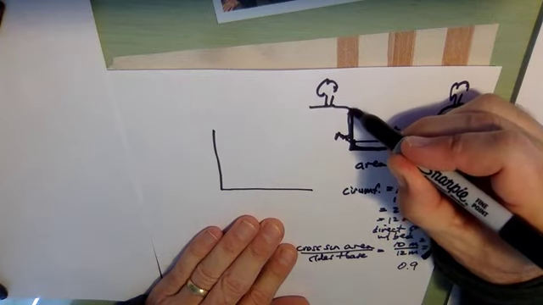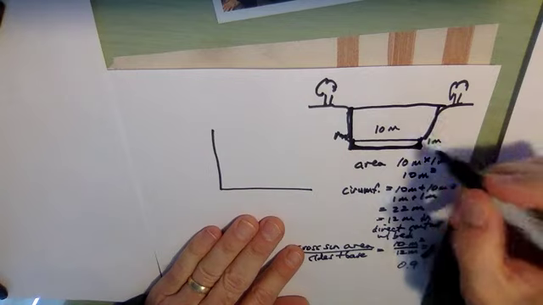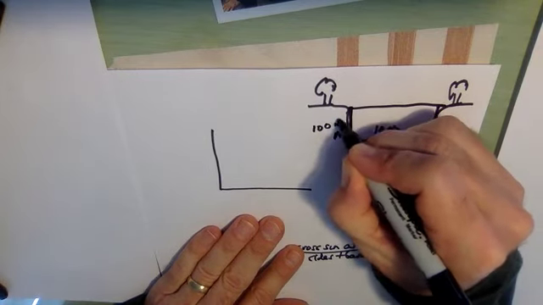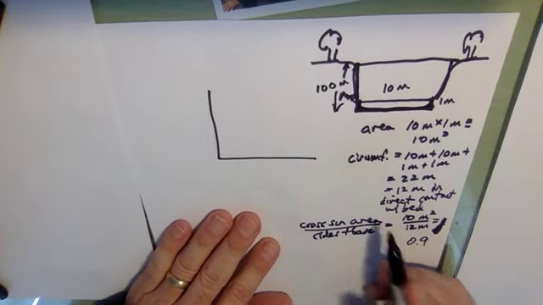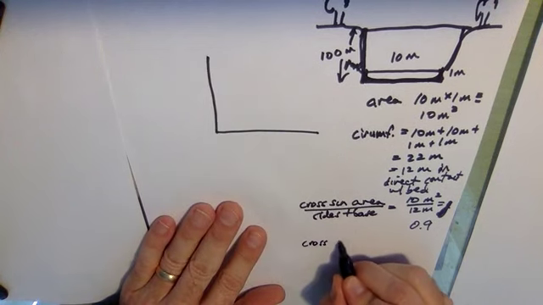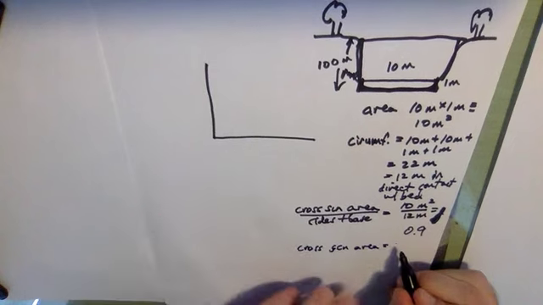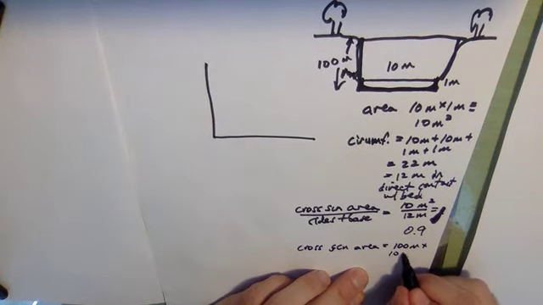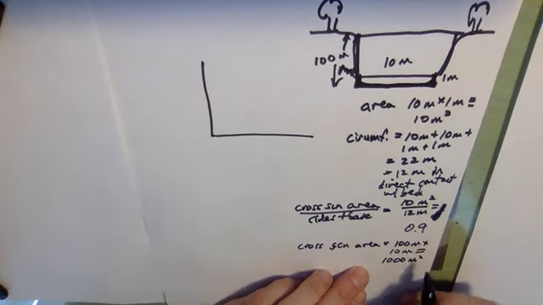Let's say then that this thing was super deep and it fills all the way up, and now it's still 10 meters across, but now it's 100 meters high. Okay? So the cross-sectional area is now 100 meters, that's the depth, times 10 meters across, which equals 1,000 square meters.